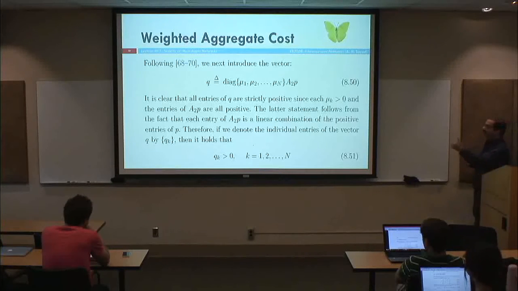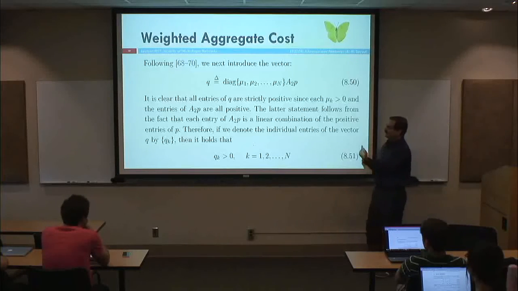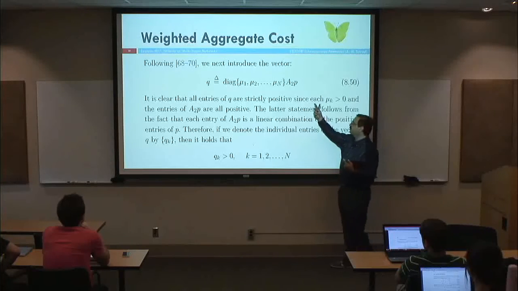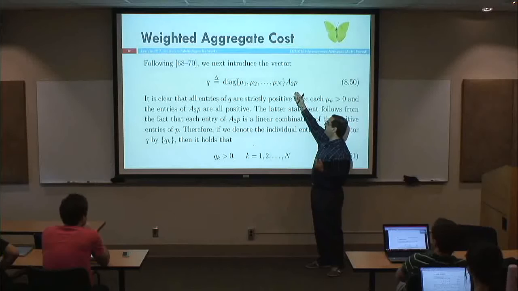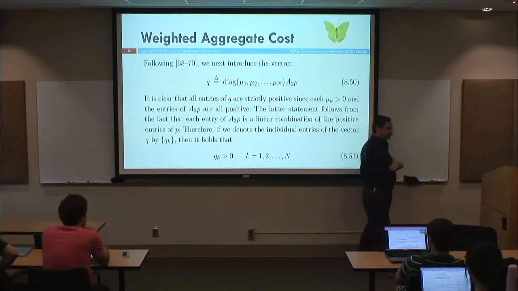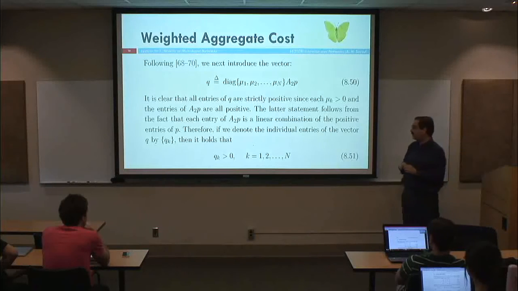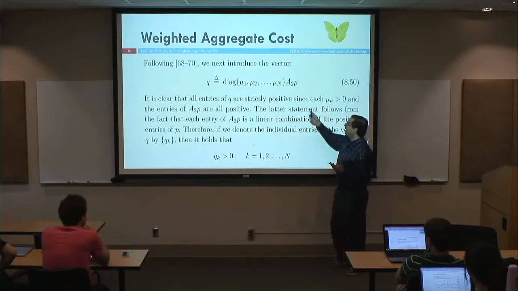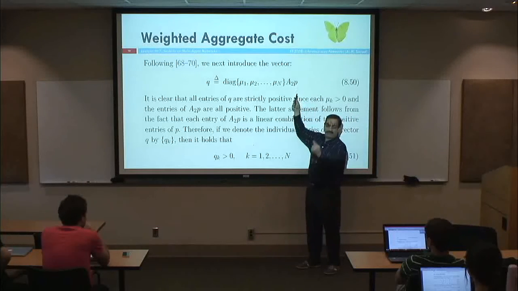Okay, and then we introduced a vector q, which is a transformed version of p. If you remember, we simply take p, multiply it by A2, that's a vector, and then you scale all the entries of that product by the step sizes across the agents. In the particular case, for example, that we are talking about consensus or diffusion, we showed that A2 p collapses to p.